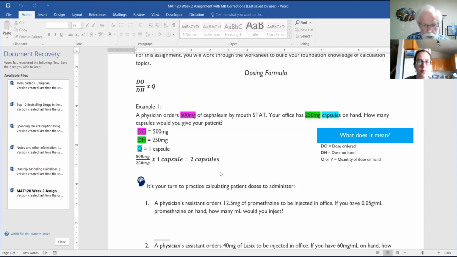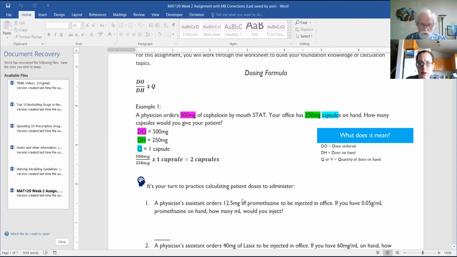So what we have here in this first question is an order for 12.5 milligrams of this drug, promethazine, to be injected in the office. Okay. So what we're looking at is 12.5 milligrams. We have 0.05 grams per milliliter.